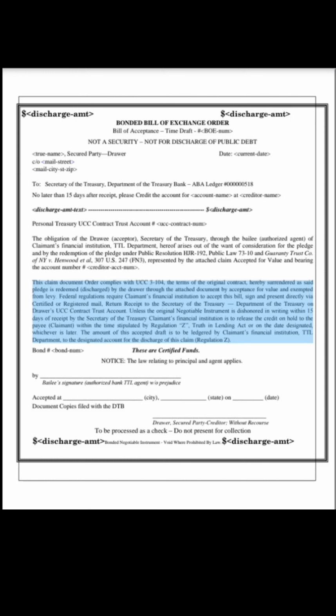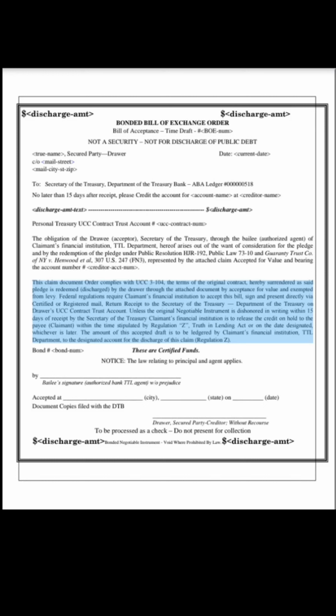Federal regulations require claimant's financial institution to accept this bill, sign and present directly via certified or registered mail, return receipt to the Secretary of the Treasury, Department of the Treasury, on drawer's UCC contract trust account. Unless the original negotiable instrument is dishonored in writing within 15 days of receipt by the Secretary of the Treasury, claimant's financial institution is to release the credit on hold to the payee claimant within the time stipulated by Regulation Z, Truth in Lending Act, or on the date designated, whichever is later.